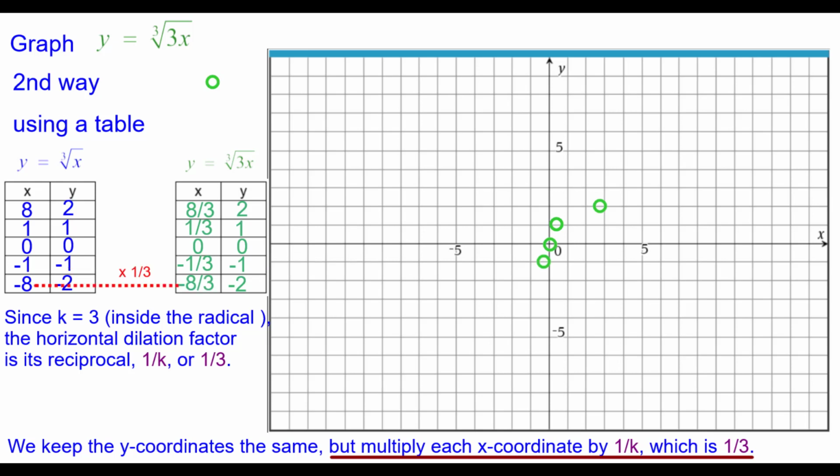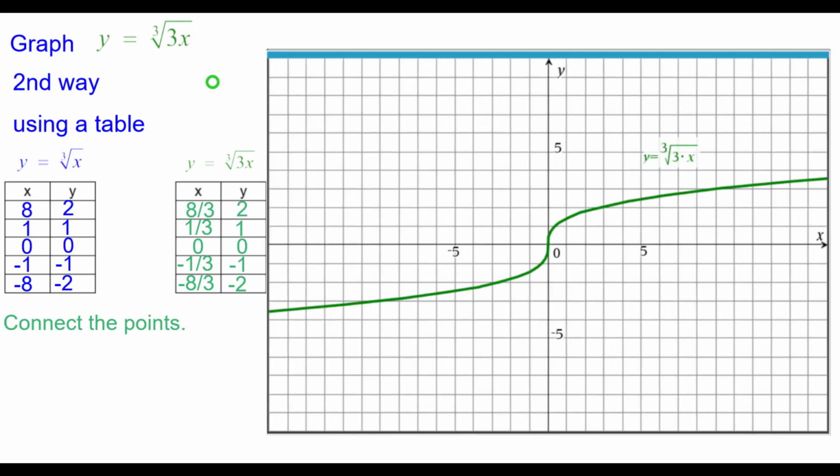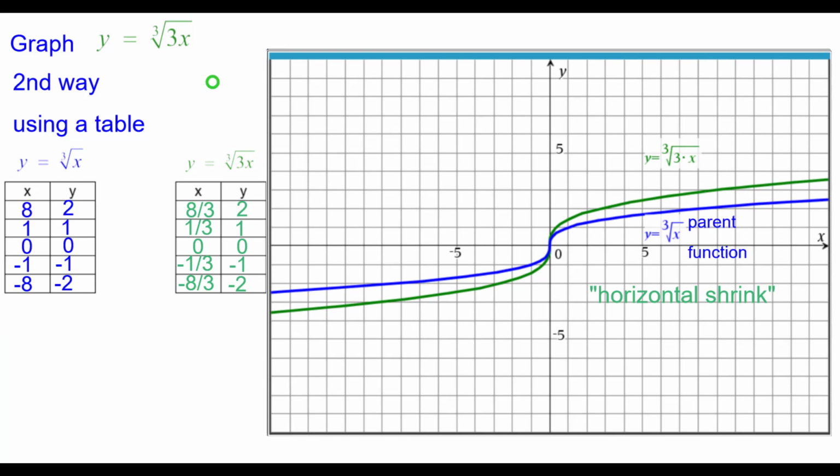And then -8/3, comma -2. Connect the points into a cube root looking graph and compare that to the parent function, and this is a horizontal shrink from green to blue. I'm sorry, from blue to green, it's a horizontal shrink.